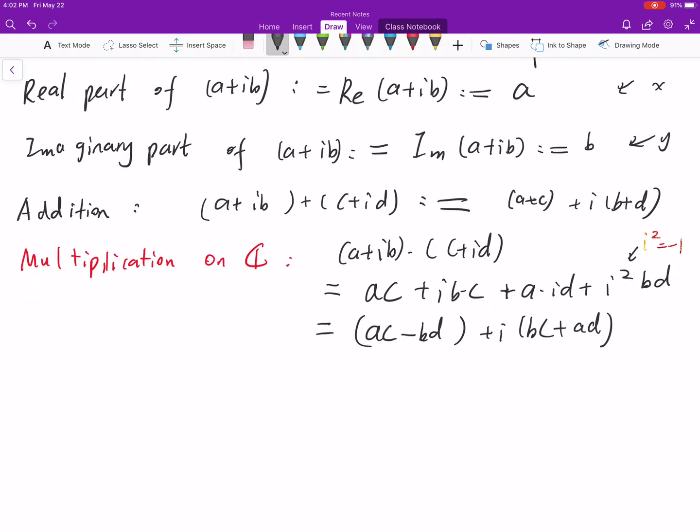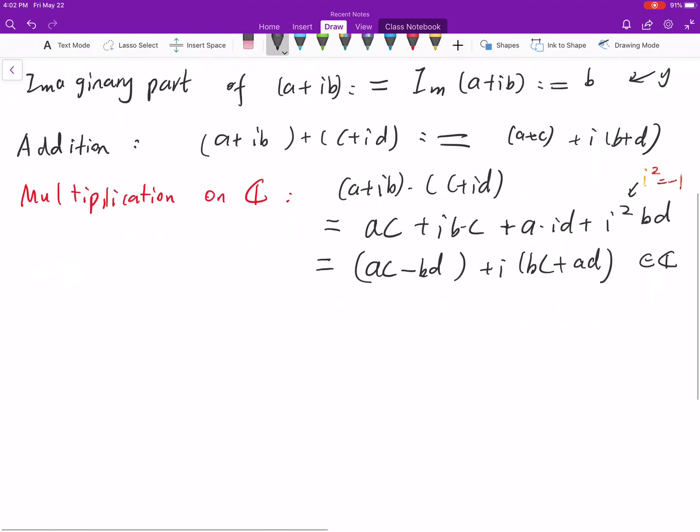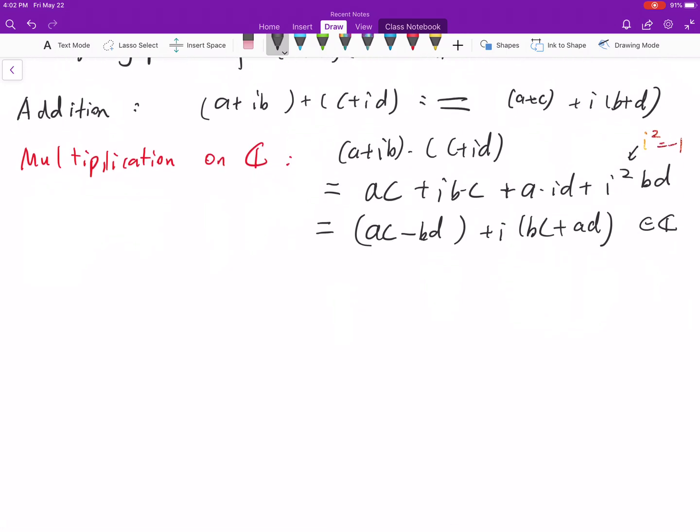Okay, note that by definition, this is a point in the complex plane. Therefore, this operation is well defined on C. Okay, next we define the absolute value.